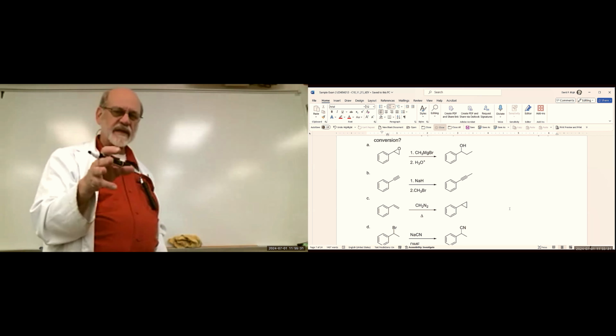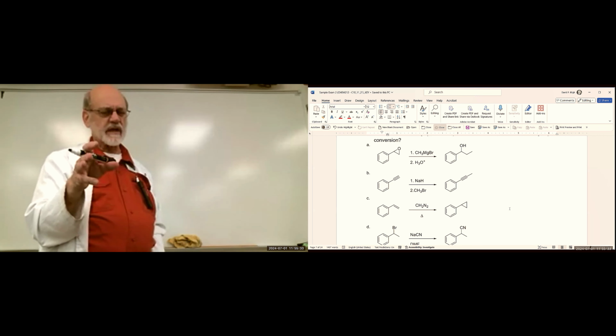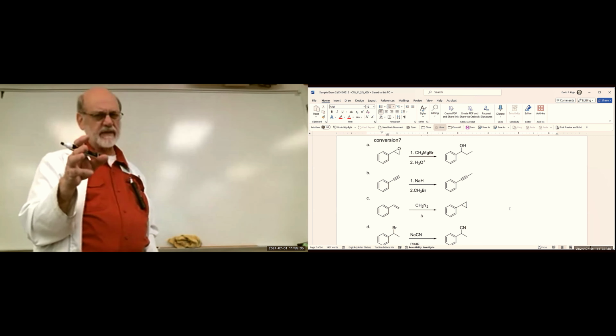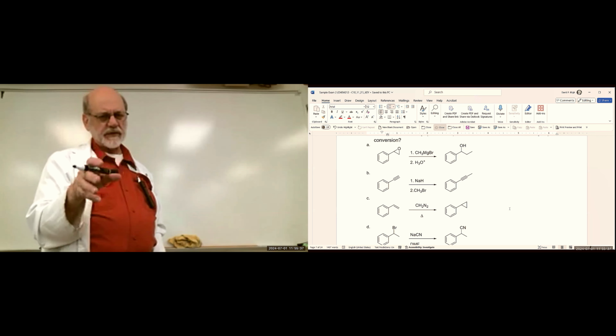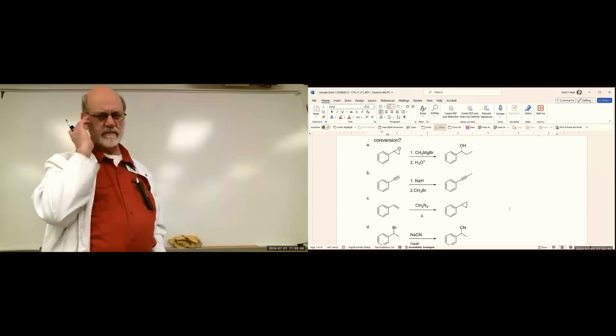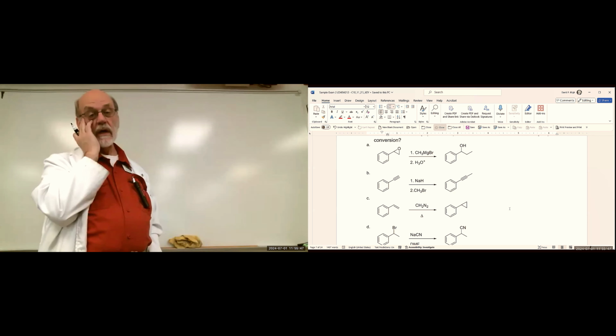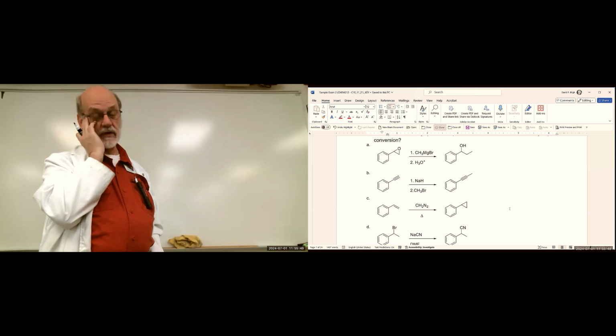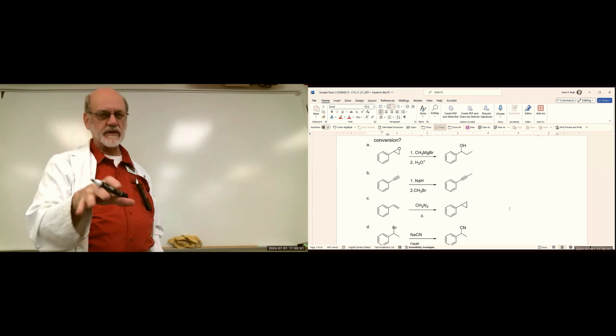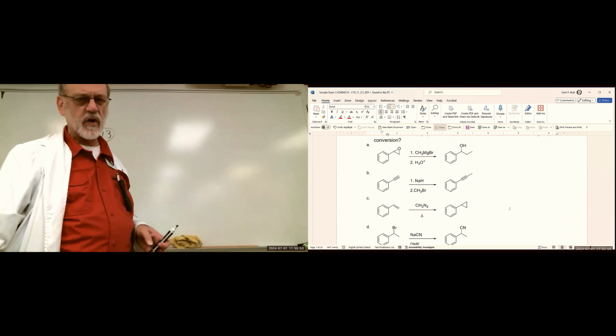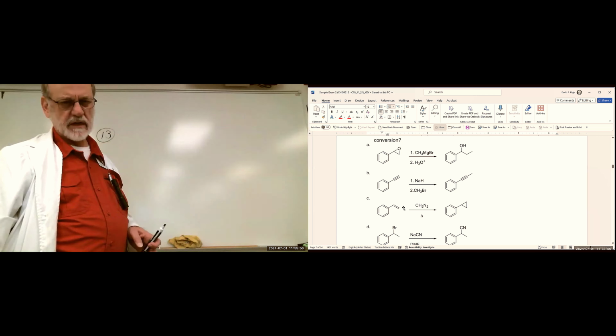The second one, B, is carbon skeleton chain lengthening. C is a ring closure, and it's a carbon skeleton change. So B and C are both carbon skeletons. There's 1, 2 carbons at first and 1, 2, 3 now, so we've added that carbon in here.